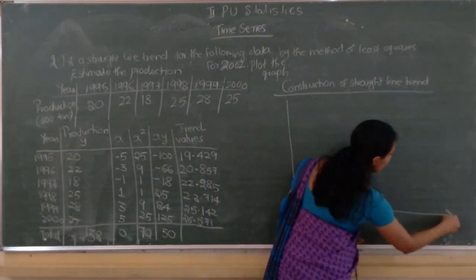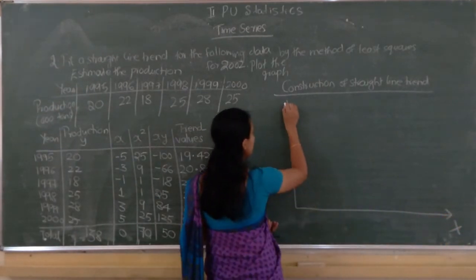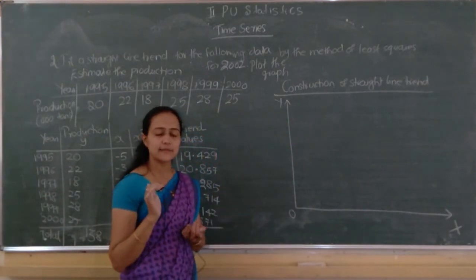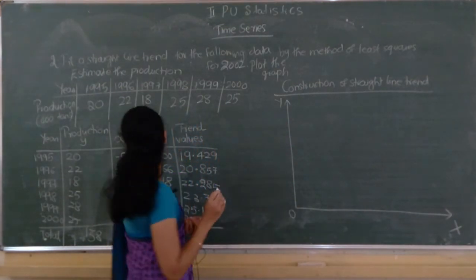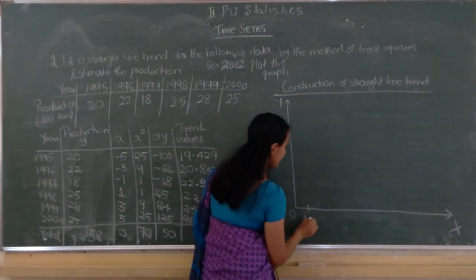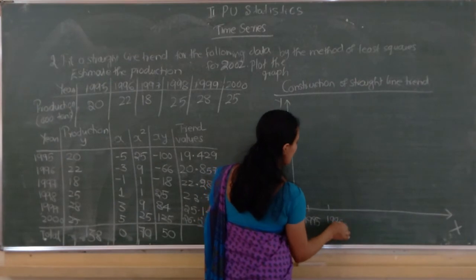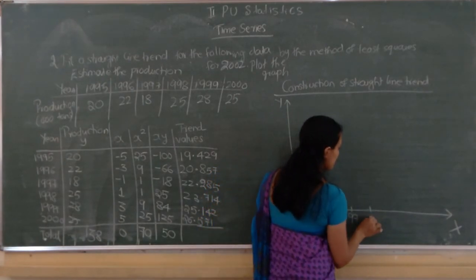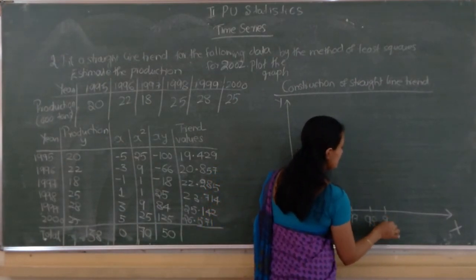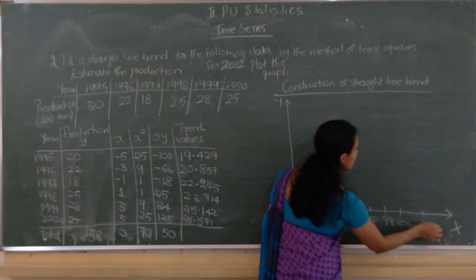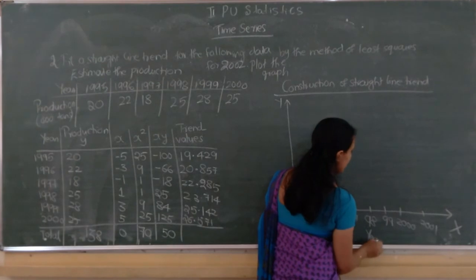First mark the x axis, next the y axis. Here it is 0. Along the x axis we take the year. Year starts from 1995, next 1996, 97, up to 2000, 2001.